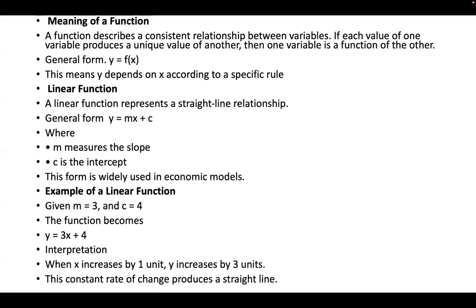Okay, a function describes a consistent relationship between variables. If each value of one variable produces a unique value of another, then one variable is a function of the other.